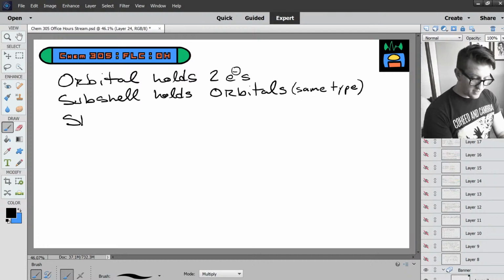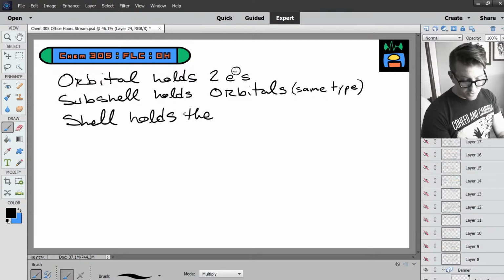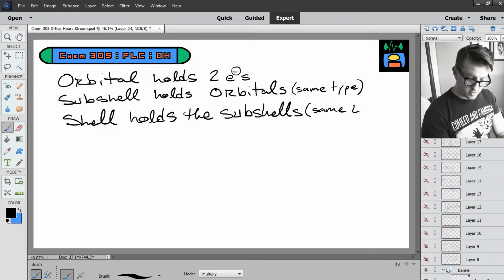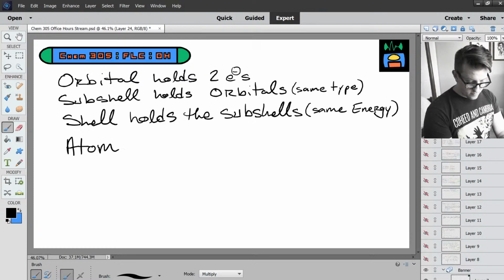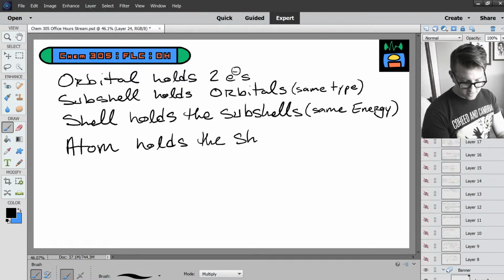And a shell holds the subshells that have the same energy. Right, first energy, second energy, third energy. And then the atom holds the shells.